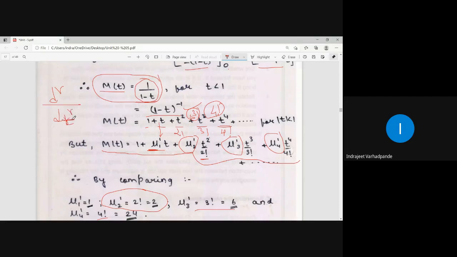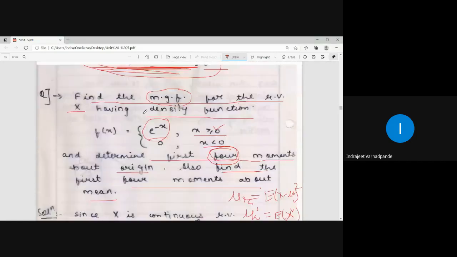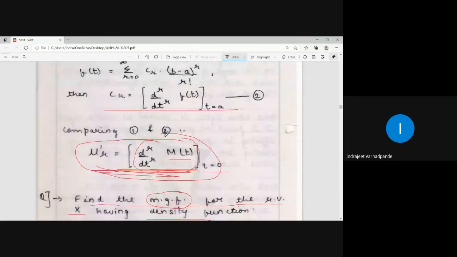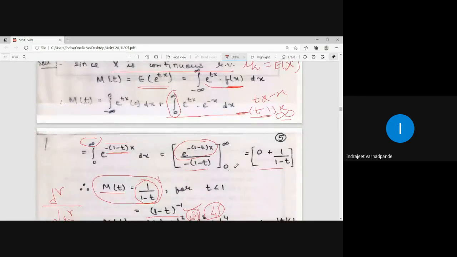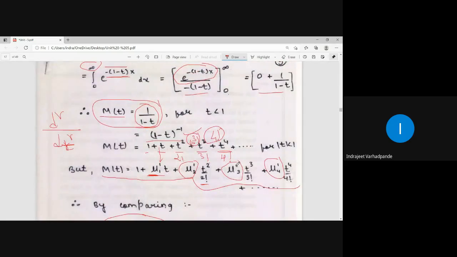You have to calculate the derivative as per this formula: d^r by dt^r of the moment generating function. For r equal to 1, differentiate one time at t equal to 0. For r equal to 2, the second moment about origin, differentiate 2 times at t equal to 0. For r equal to 3, differentiate 3 times at t equal to 0. This is also one of the ways to calculate the moments about origin.